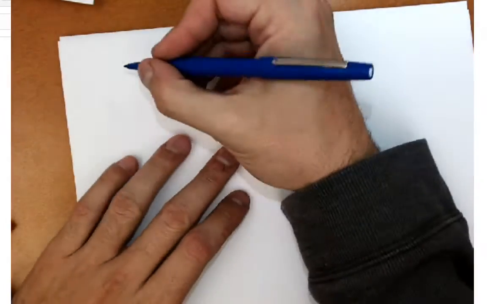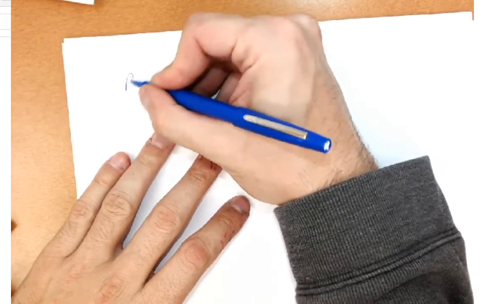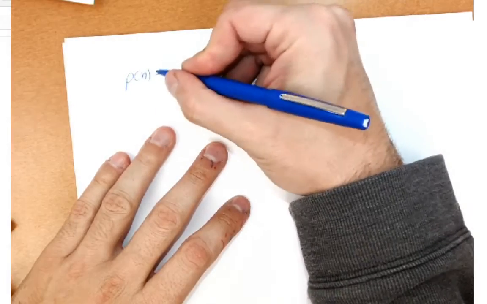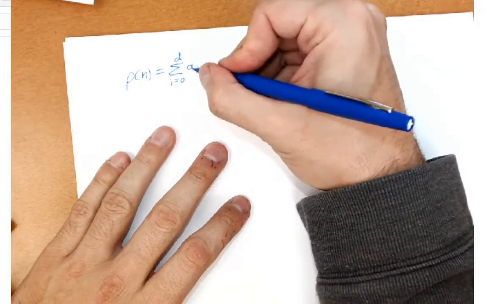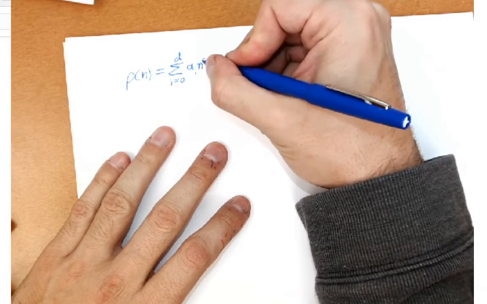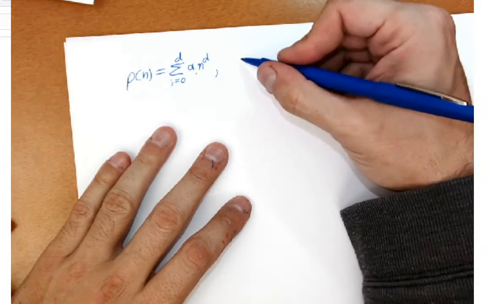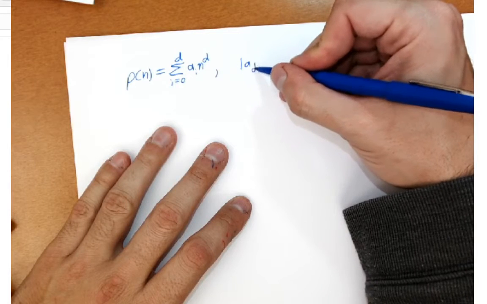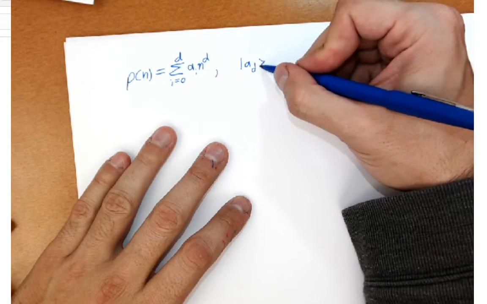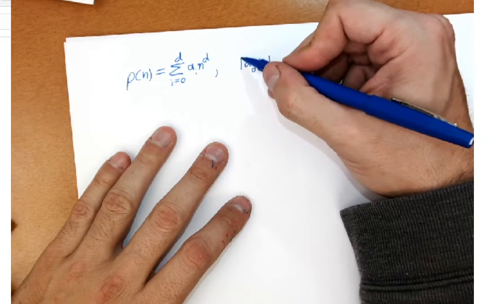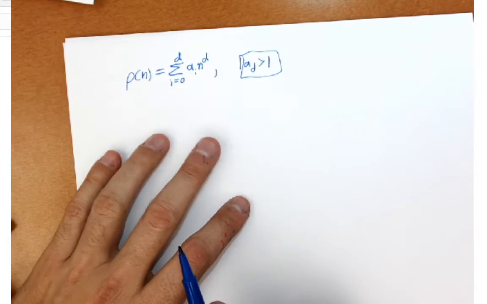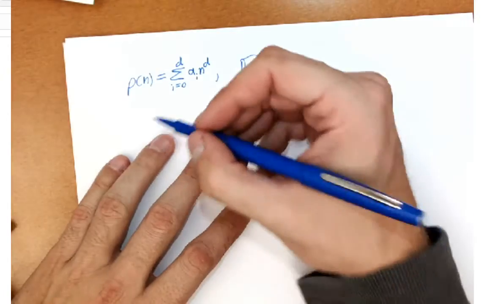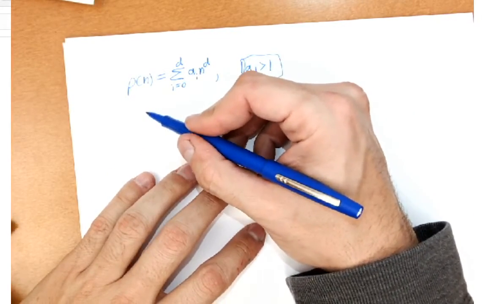You have some polynomial p of n equals the sum from i equals 0 to d of a sub i n to the i, and you're also given that a sub d is greater than 1. You're asked to show a couple of things.